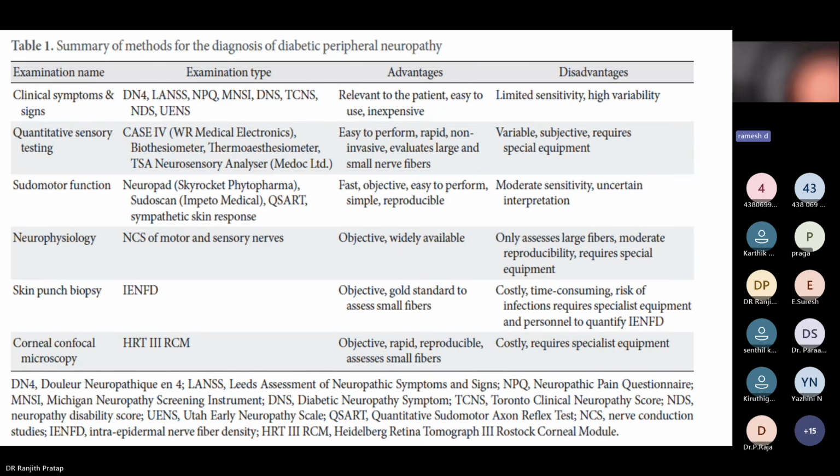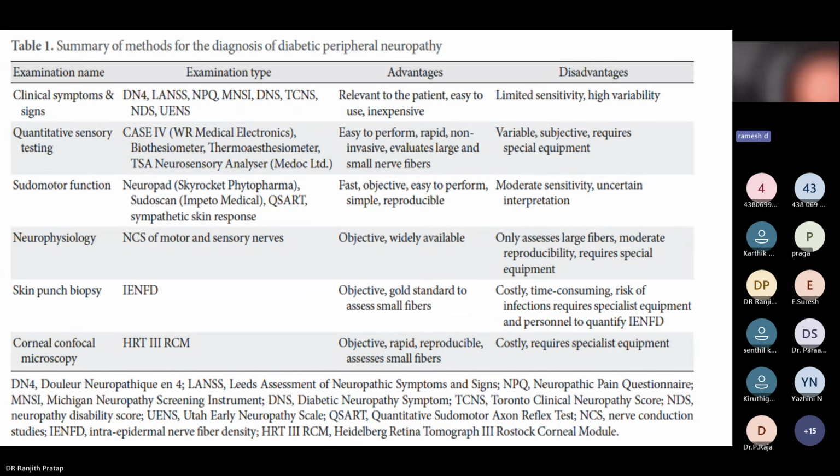So it is a gold standard to assess the small fiber functions. There are a few disadvantages: it is costly, time consuming, and carries a risk of infection, especially as it is an invasive procedure. Another examination is corneal confocal microscopy, which uses the Heidelberg Retina Tomograph 3 Rostock corneal module.